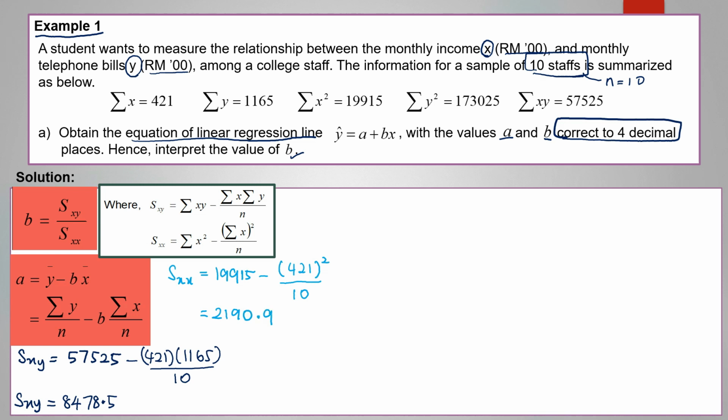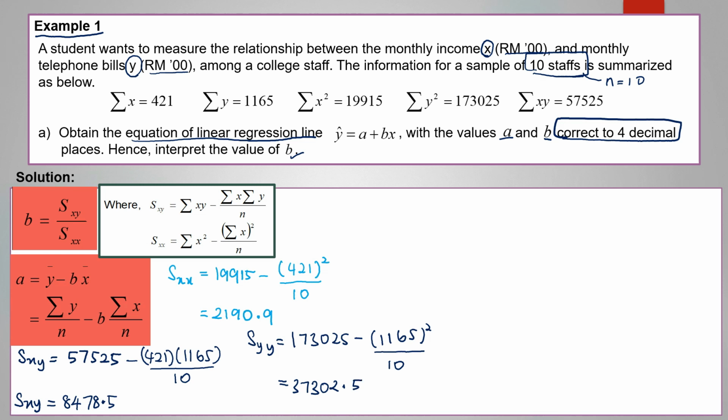And then Syy is equal to 173,025 minus 1165 square divided by 10. Your Syy would be 37,302.5.